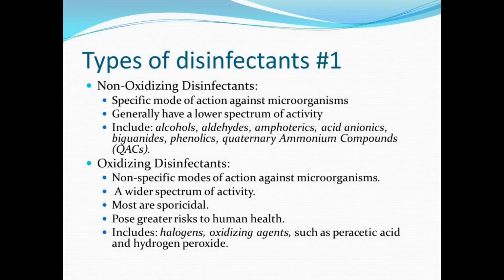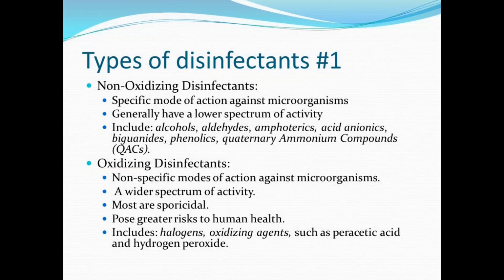They generally have a narrower spectrum of activity, so they might be more effective against gram-negative bacteria than against gram-positive, for example. In this group, you find things like alcohols, aldehydes, amphoterics, acid anionics, biguanides, phenolics, quaternary ammonium compounds, and so on.